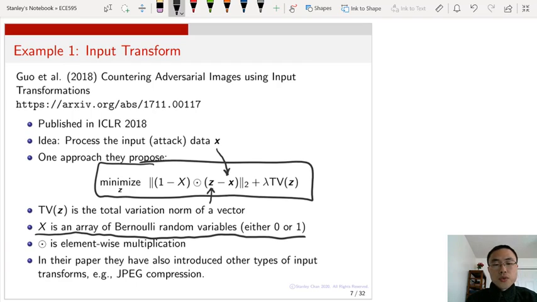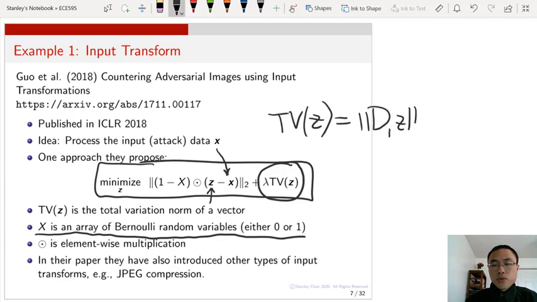And so you're going to randomly select a subset of pixels, and you're going to measure the deviation only at those locations. And then you are going to create a penalty term. This is called the total variation norm of a vector. And specifically what total variation means is that a TV norm on Z would basically be the one norm of D1 Z plus the one norm of D2 Z.